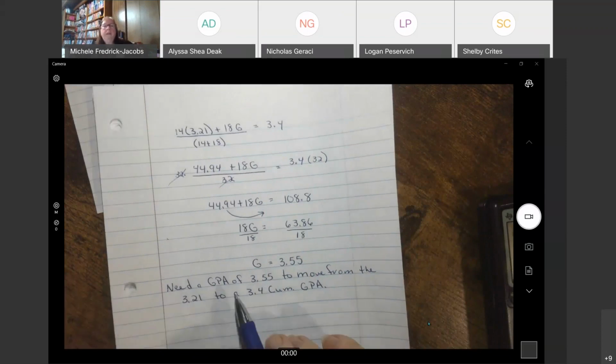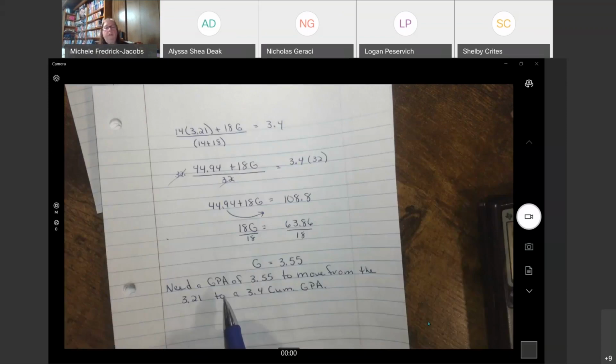So we need a GPA of 3.55 to move from a 3.21 to a 3.4 cumulative GPA. Any questions on that? No, that makes sense.